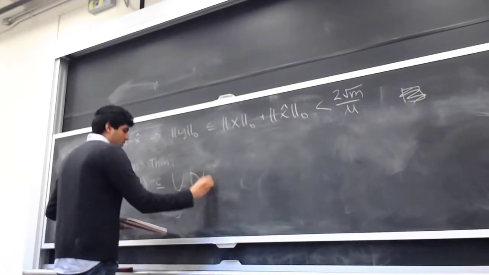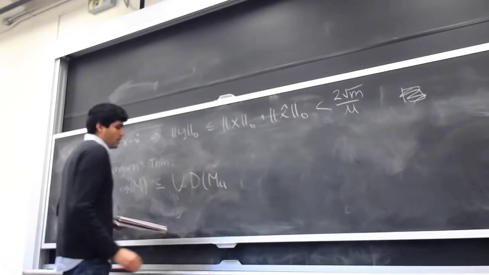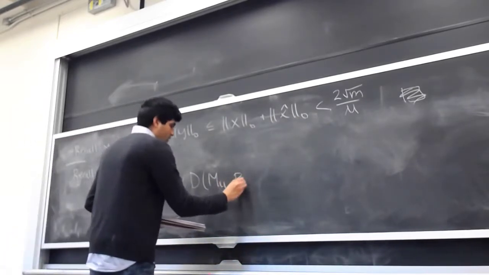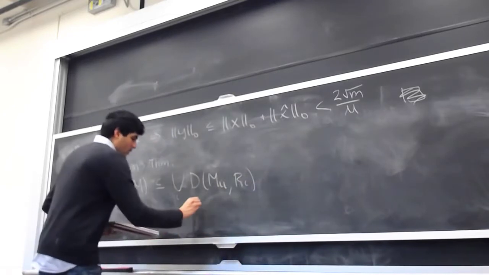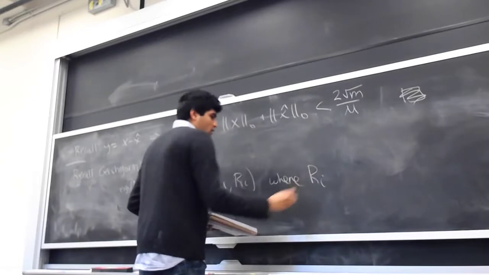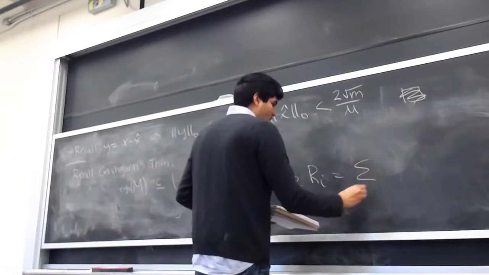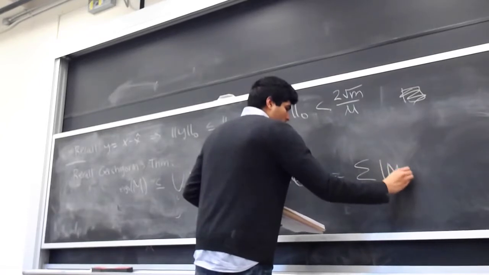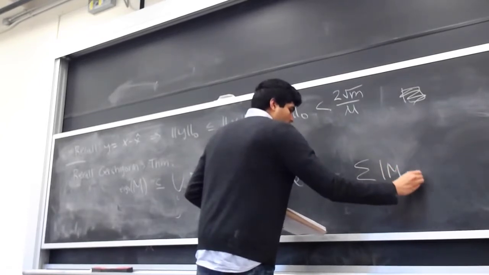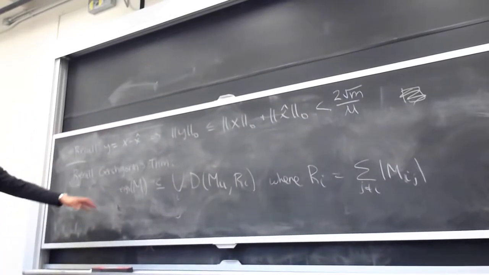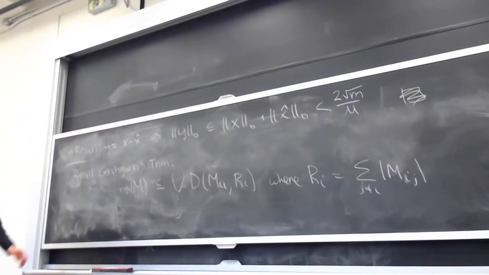So each of these disks is centered at a diagonal entry, and the radius of this disk is Ri, where Ri is the sum of the off diagonals. So you remember what this allowed us to say were things like, if we have a small perturbation of the identity.